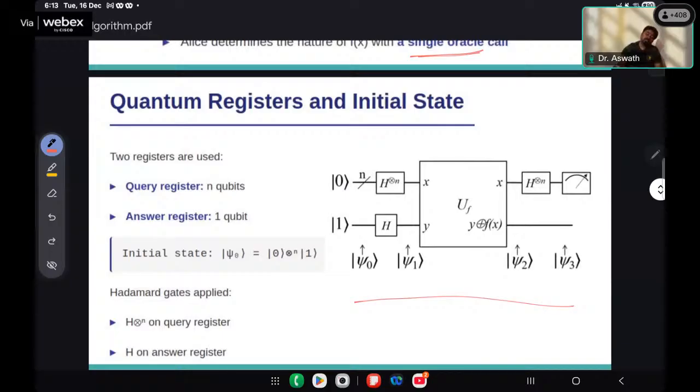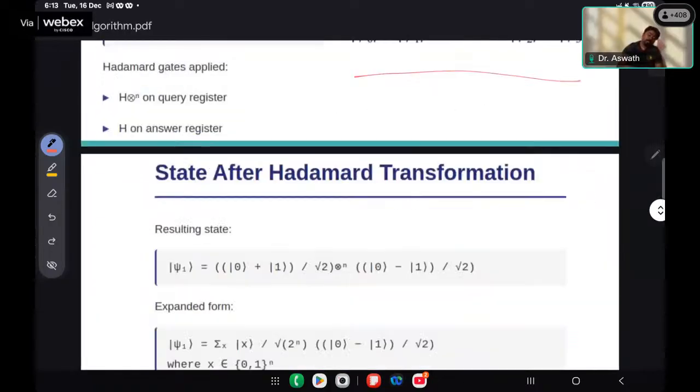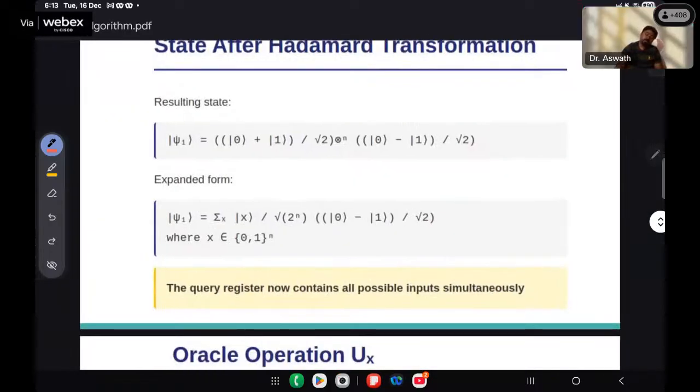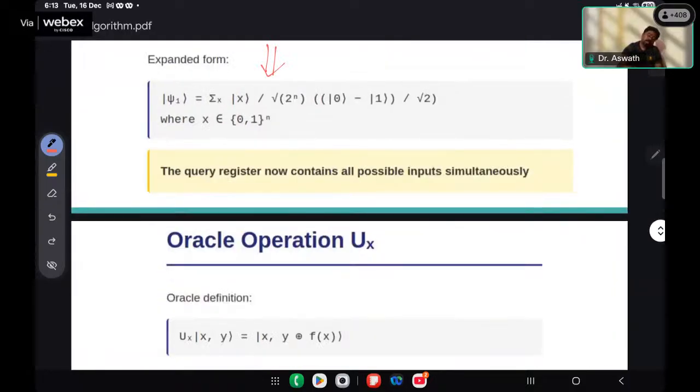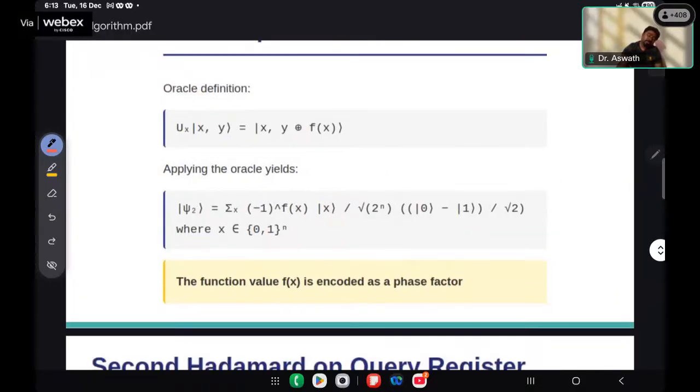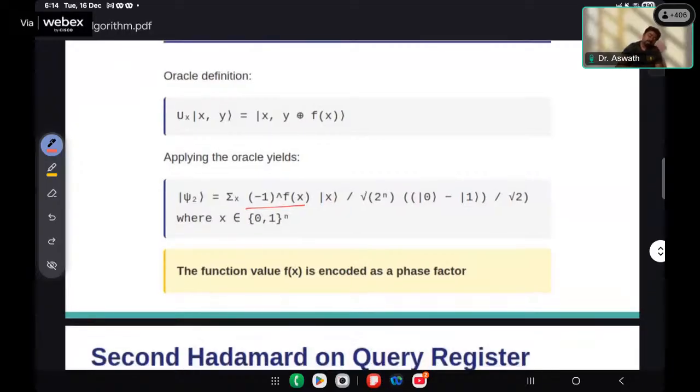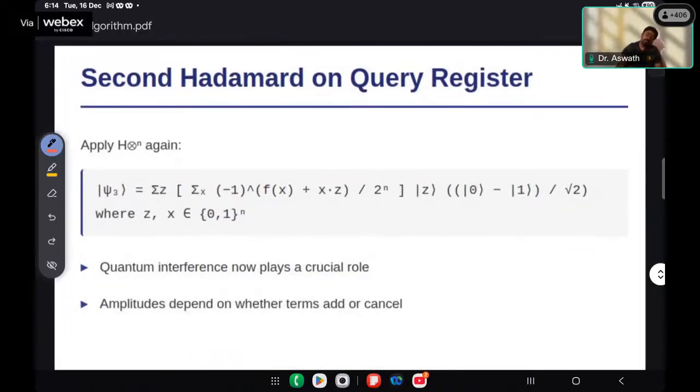This is the circuit. Step by step, if you start finding psi 1, this is a shorthand notation for psi 1. And then what is psi 2? Psi 2 is just minus 1 to the power of f of x coming inside psi 1. Then psi 2 is Bob's result.